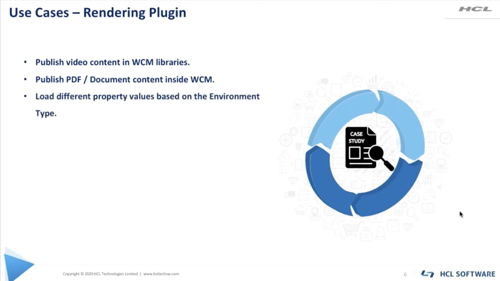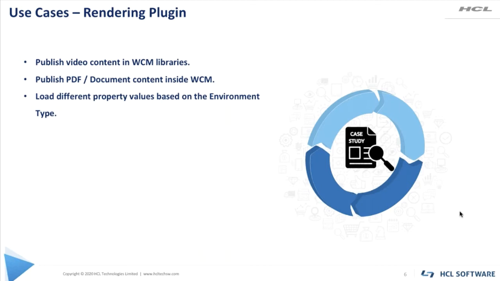Say inside my WCM library, I want to display content depending on the environment. For my development, there are some integration points, so I want to read different properties for different environments. That sort of implementation can be leveraged by using a plugin. How?